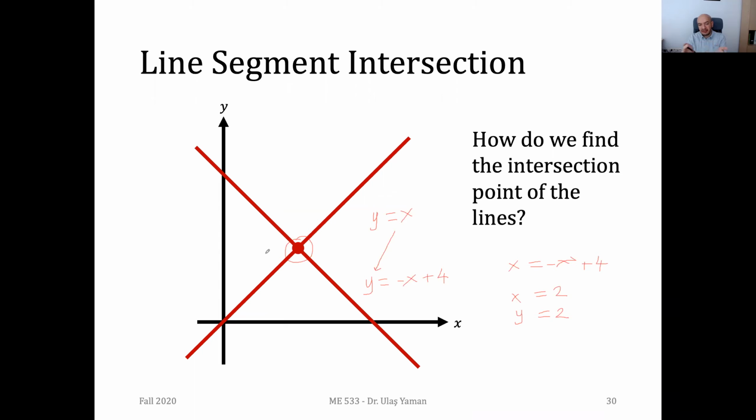So this is how we proceed. If you have the equations of the lines, you can put one into the other and try to determine the intersecting point. But sometimes they may not be intersecting. So what is that case? Can anyone tell me any information about that case? If the lines are not intersecting, then what type of property should they have?